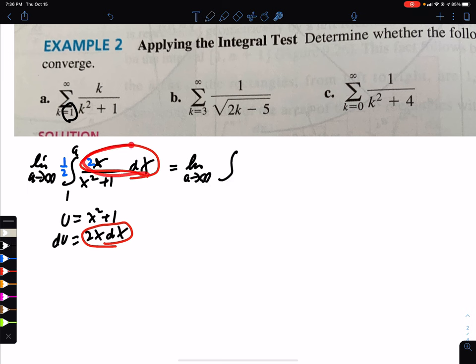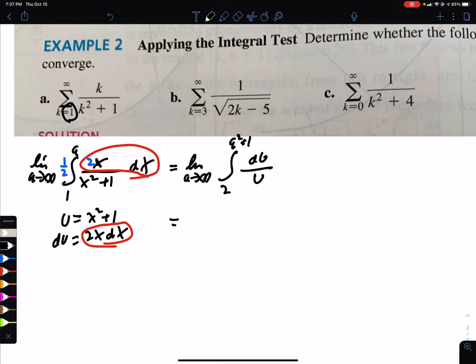This whole top becomes du, and the bottom, we defined it as u. So we have du over u. Now we need to change the limits. If I plug 1 there, u comes out to be 2. And if I plug a into here, u comes out to be a squared plus 1.